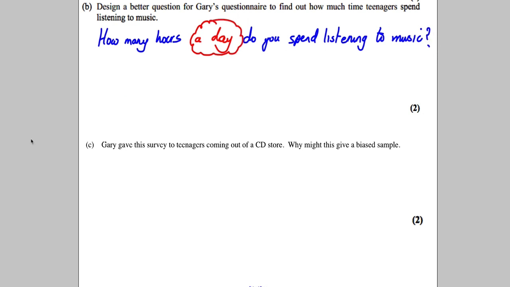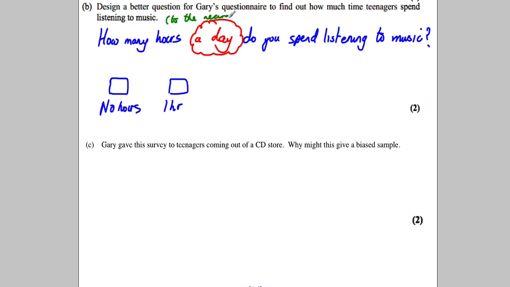Now let's make sure we've got non-overlapping boxes and all options. So let's say we have none, no hours. Okay, that's certainly one of the options. And what would we do for the other ones? We could say something like 1 hour. In fact, up here, maybe we should say, how many hours to the nearest hour would you spend?